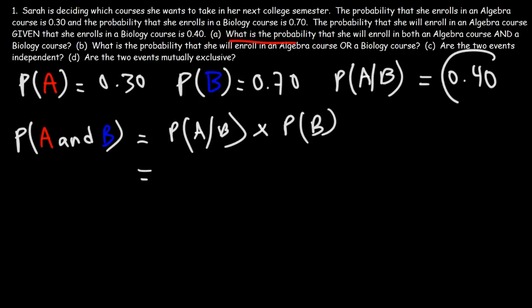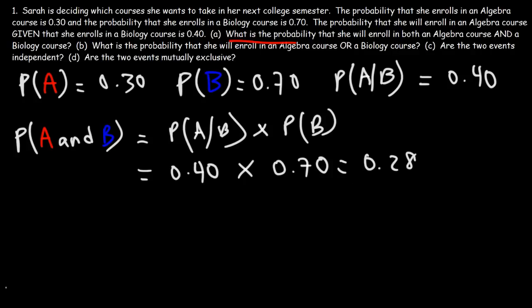So we can see that P of A given B is 0.40, and the probability that she will take a bio course is 0.70. Now 4 times 7 is 28, so 0.4 times 0.7 is 0.28. So there's a 28% chance that she's going to take both algebra and biology.